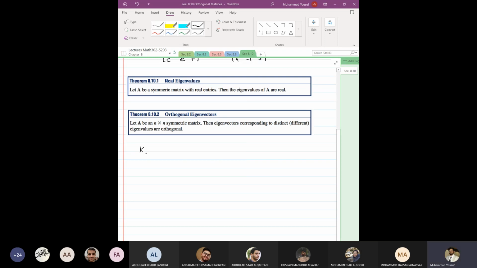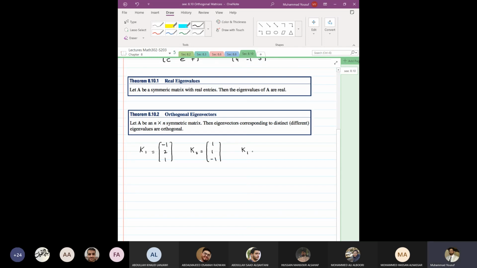So as an example, let me say we have an eigenvector K1 equal to -1, 2, 1, and K2 is an eigenvector 1, 1, -1.